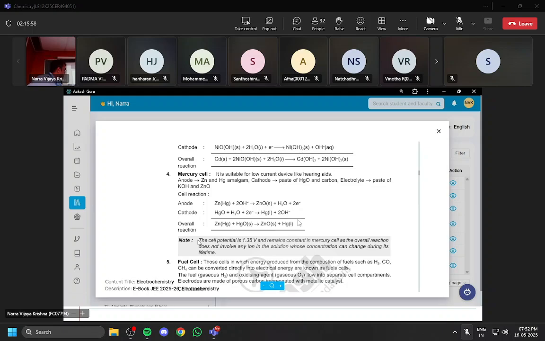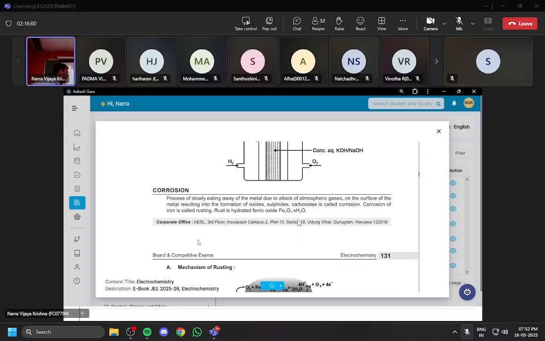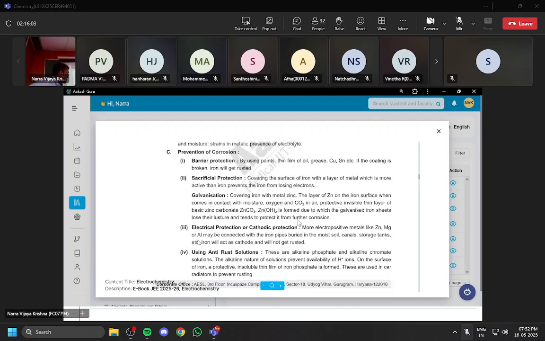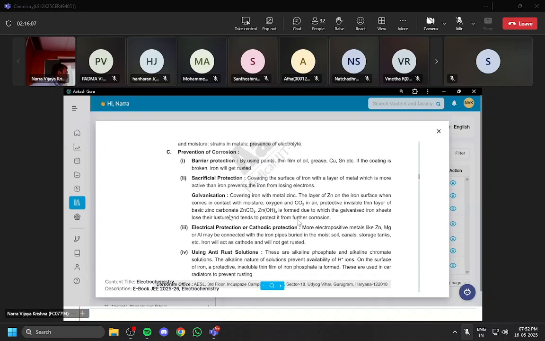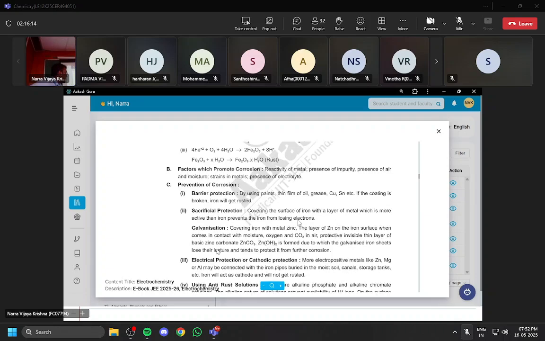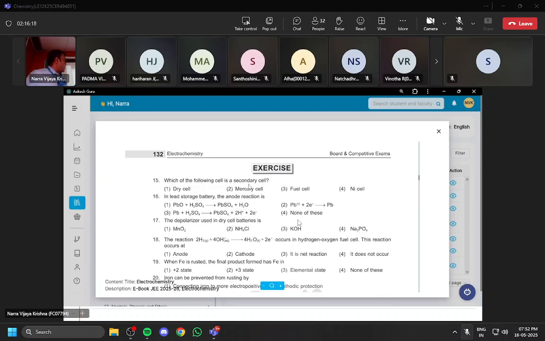Mercury cell, fuel cells over, corrosion part is over, and this point is also over, using anti-rust solutions. Electrical protection, cathodic protection already done by coating with other metals. Galvanization over, sacrificial protection over, barrier protection over. Now coming to this.